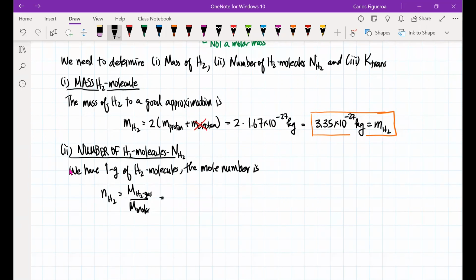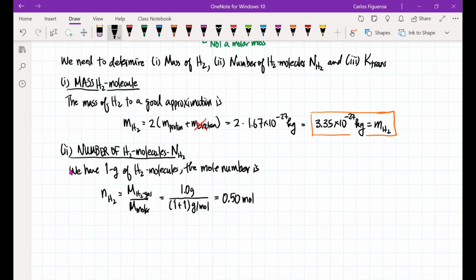I have 2 grams per mole for hydrogen, and I have 1 gram. So when I compute that, I get 0.50 moles. Now I know my mole number.